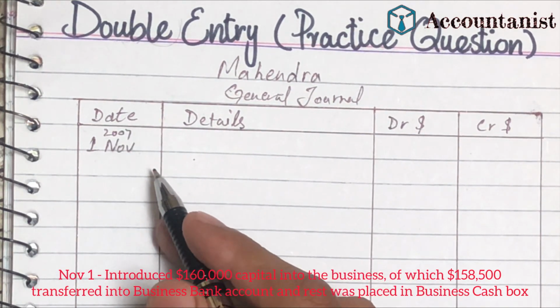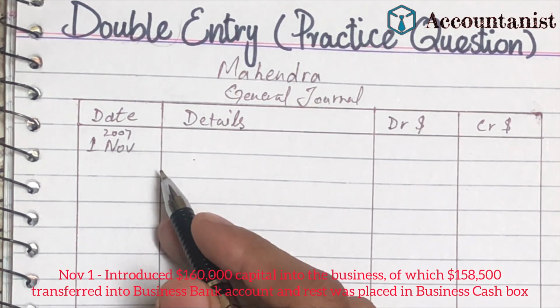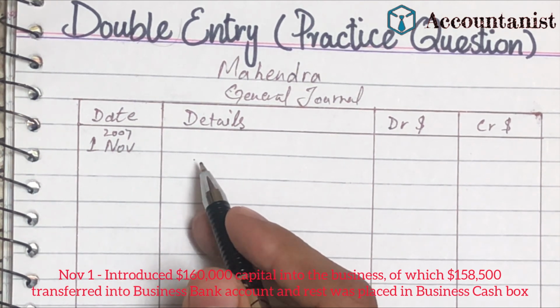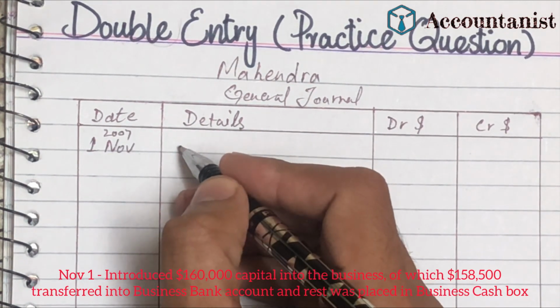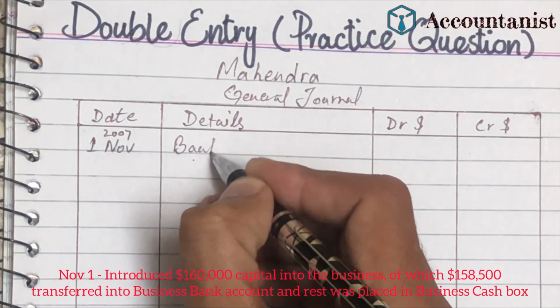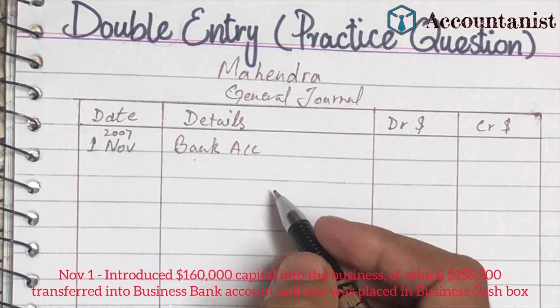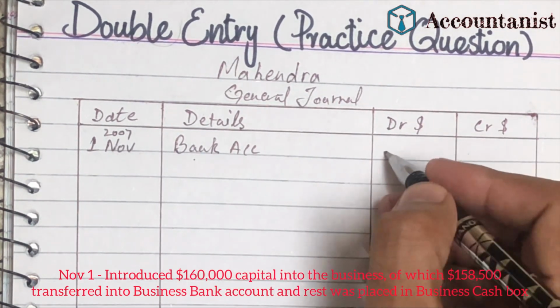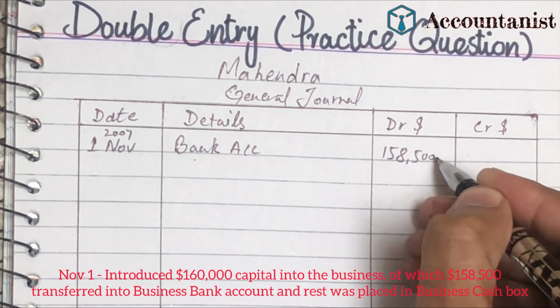So it says that the business started with the capital introduced of 160,000, out of which 158,500 was transferred into the business bank account, and the rest was placed in the business cash box. So the bank, as we know, bank is our asset, and once the asset goes up, we'll make bank account on the debit side, and the amount that will go into the bank is 158,500.